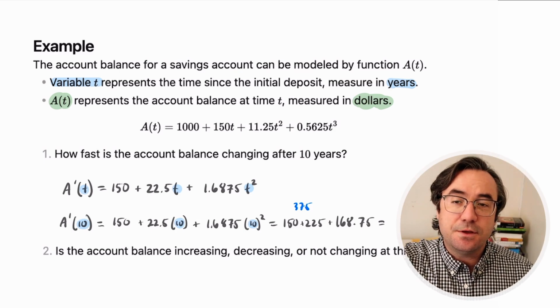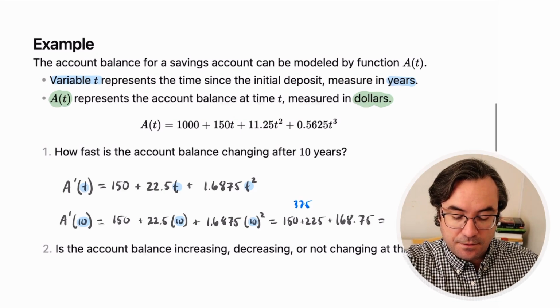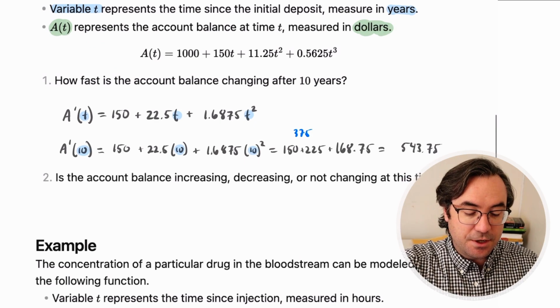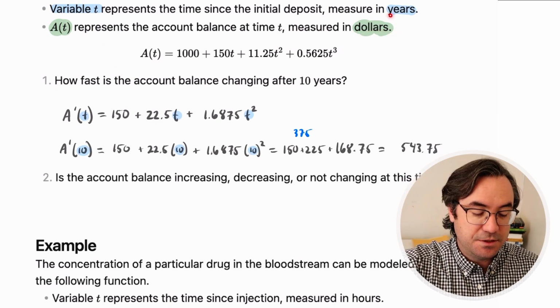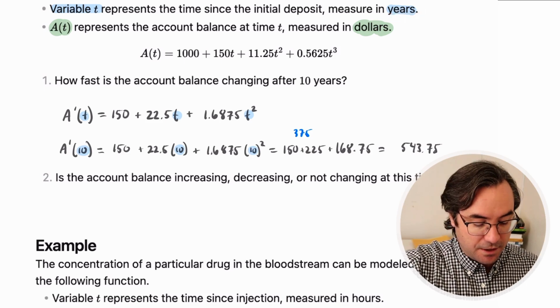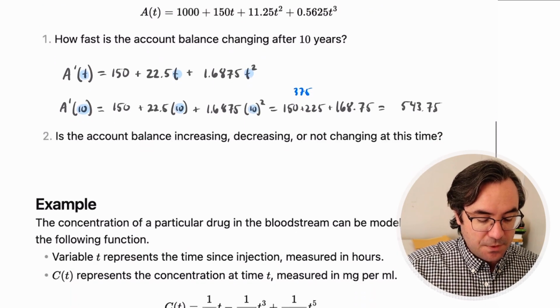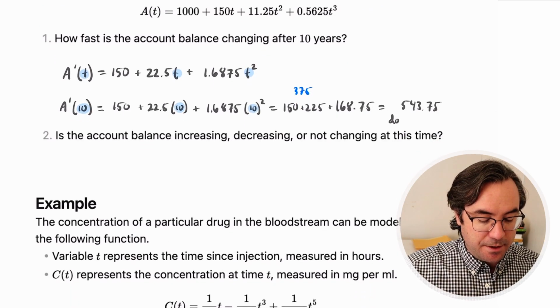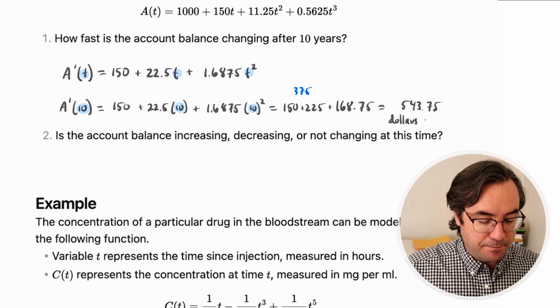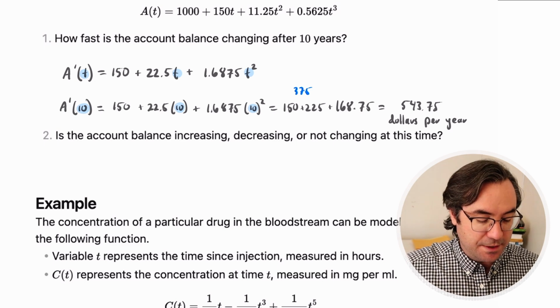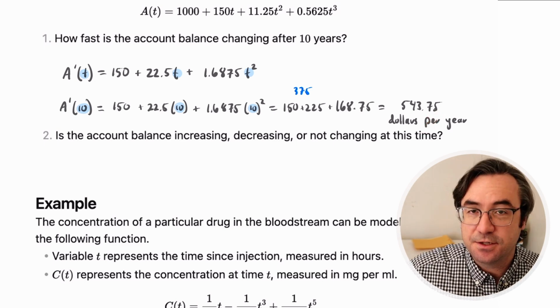So the units of our derivative are going to be dollars per year. Or if you wanted to write the per, you can write that as a division sign.